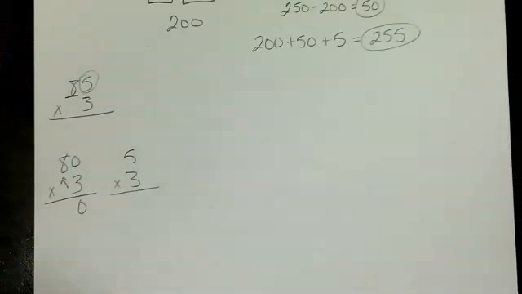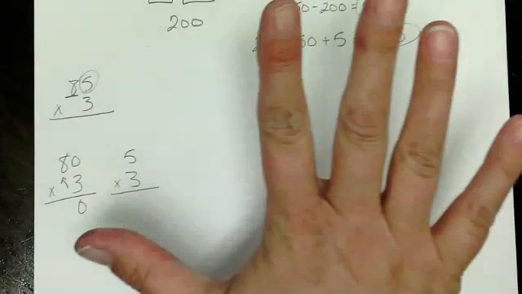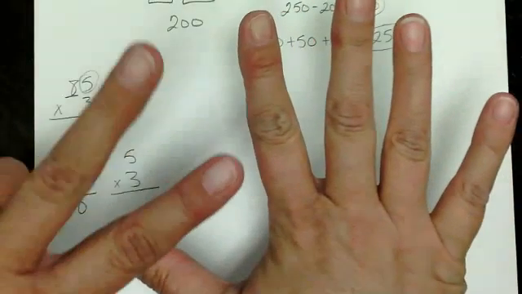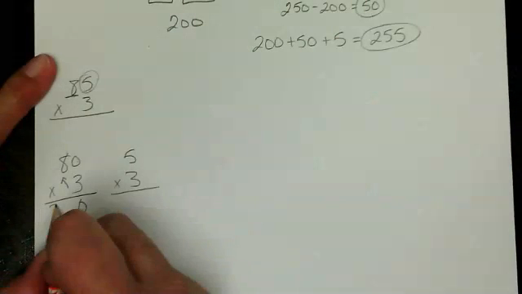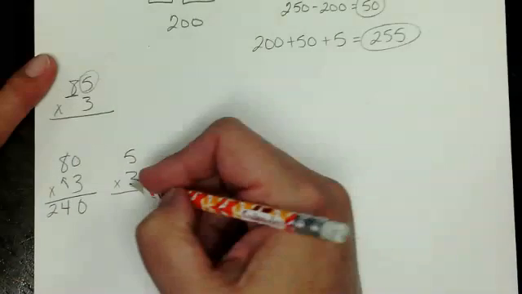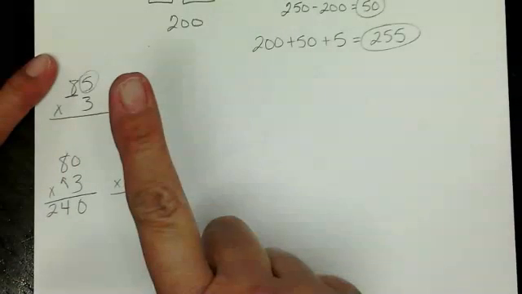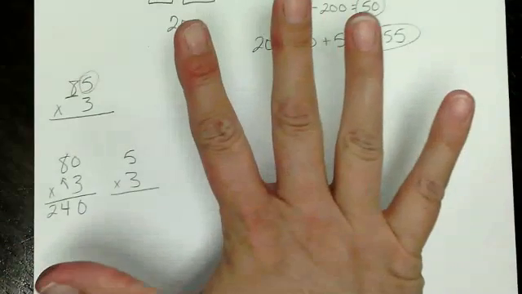Ooh, let's count. 3, 6, 9, 12, 15, 18, 21, 24. Okay, 8 times 3 is 24. 3 times 5. Ooh, 3, 6, 9, 12, 15.